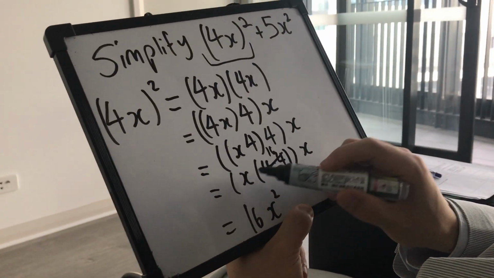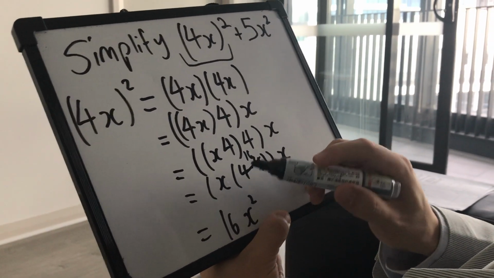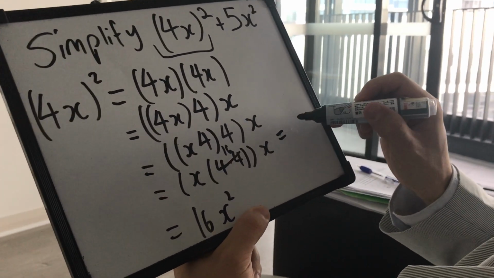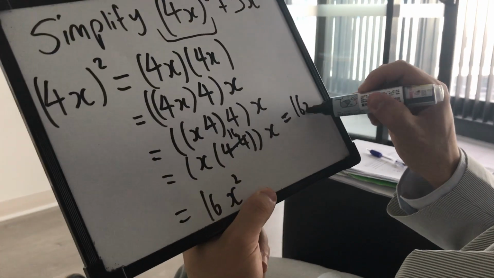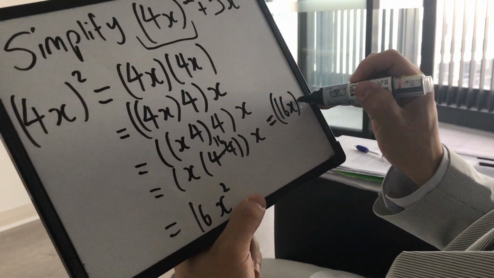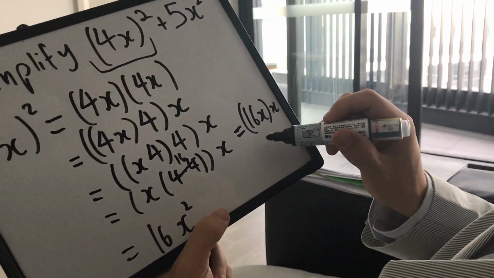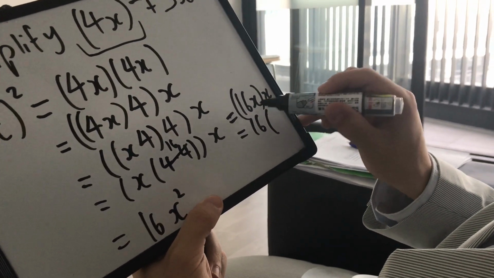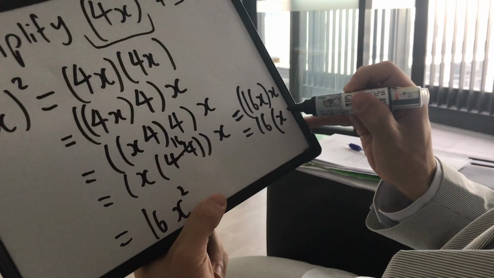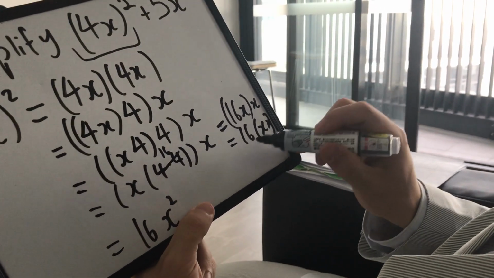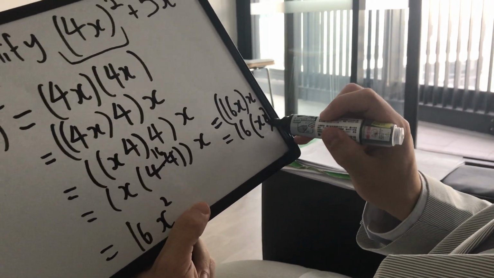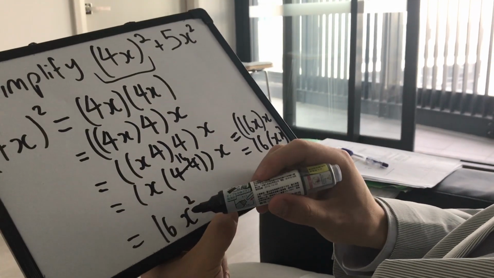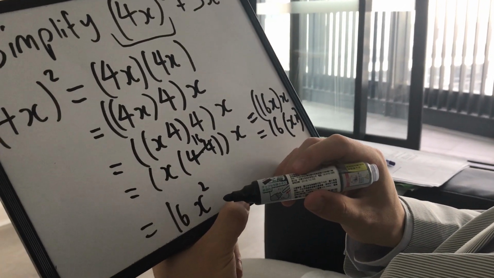And then with 16 and x, you can do it in another order. I'm going to write it here to fit it in. You can make it 16x times x, and then you can make it 16 times x times x, doing the regrouping. And now that becomes x squared, so 16 times x squared is 16x squared.